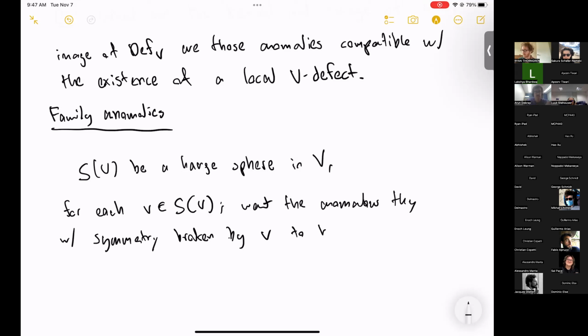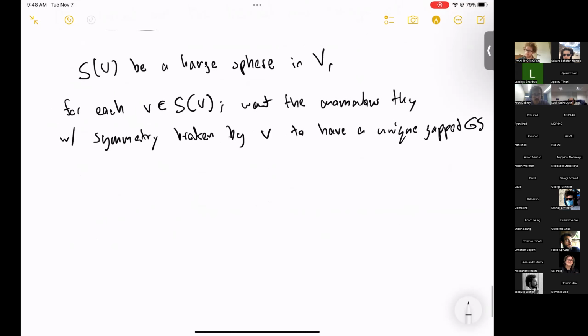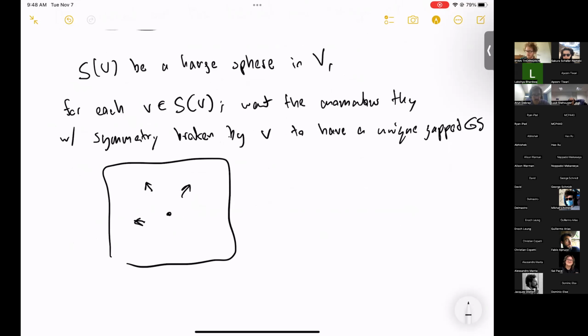We want it to have a unique gapped ground state. Because when you form the V defect, we want to study a local theory to associate an anomaly to it. So we want the theory out here to be a trivial theory. That's what we need to have a local defect.